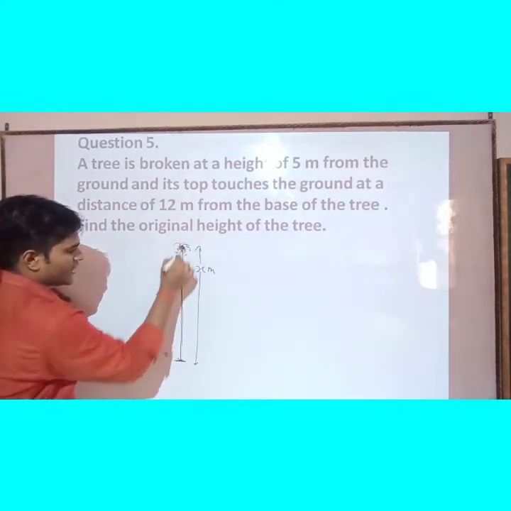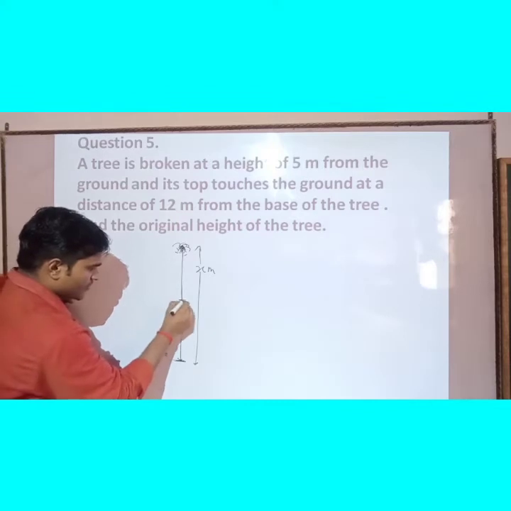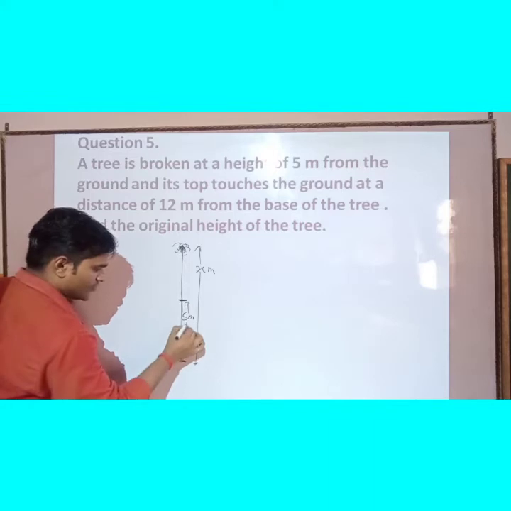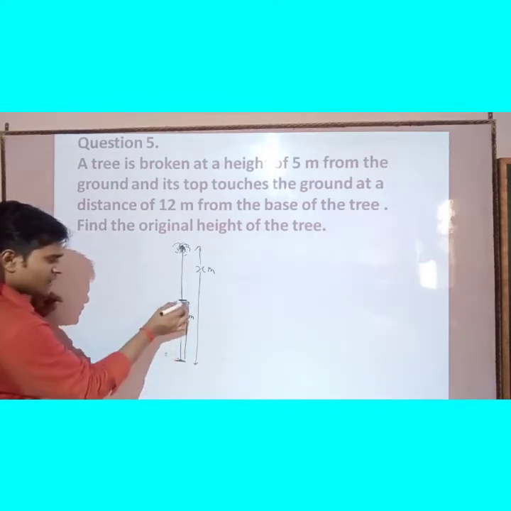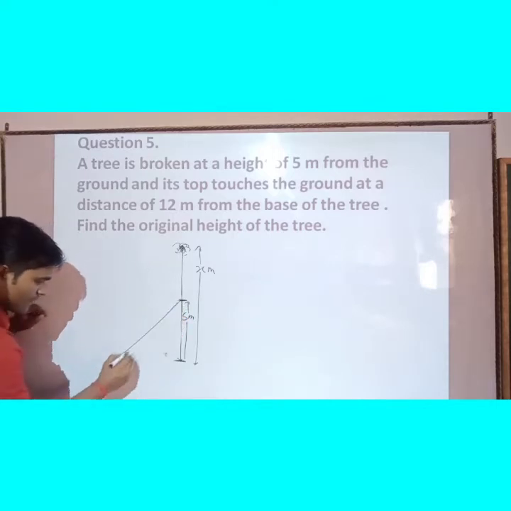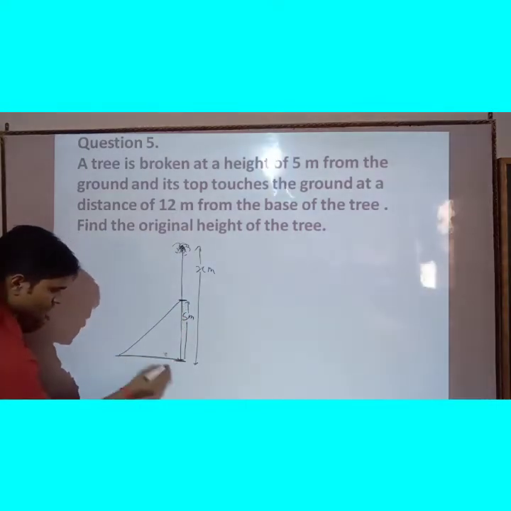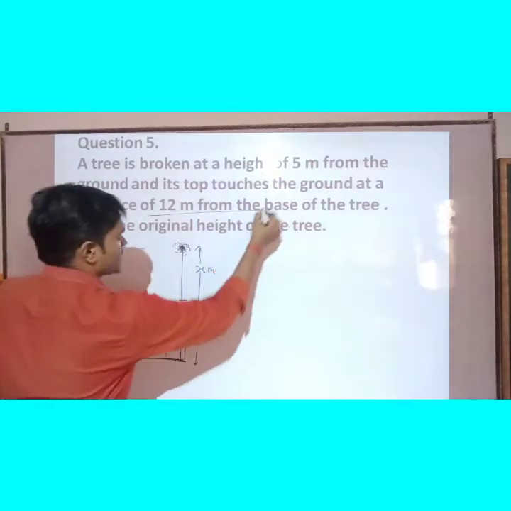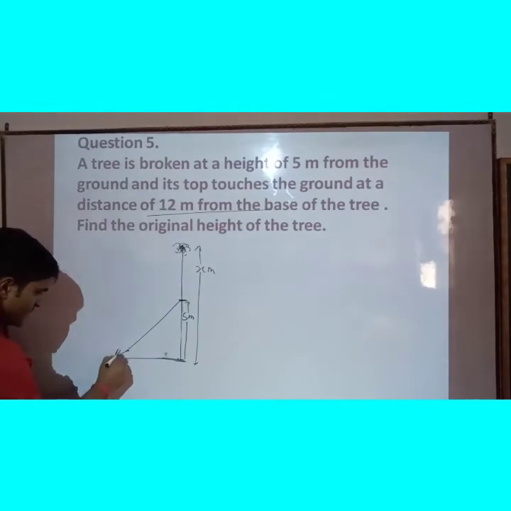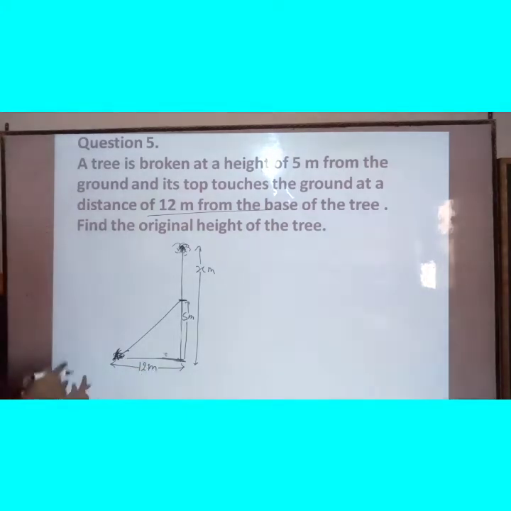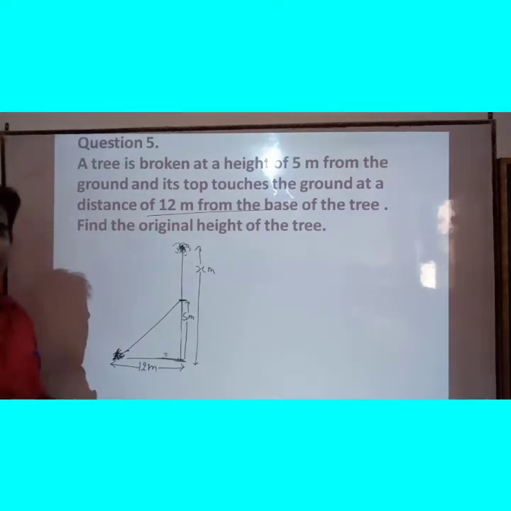When it is broken, its top touches the ground at 12 meters from the base of the tree, and this distance is given as 12 meter. We have to find the original height of the tree.